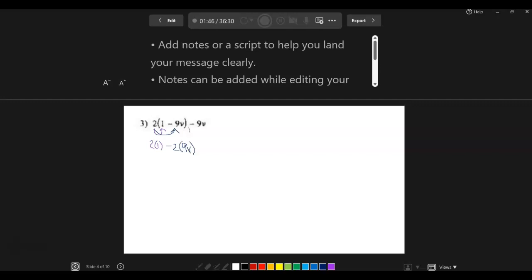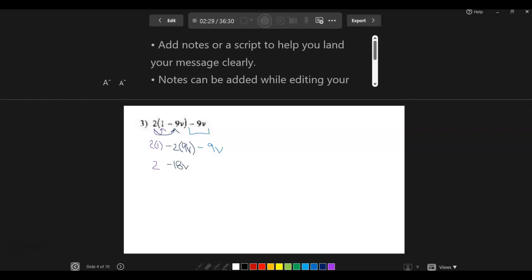And then we're going to bring down the minus 9v over here because that one is not included in the parentheses. Therefore, nothing is being distributed to it. Okay, so we'll do multiplication before we try to do anything with this minus 9v here. So 2 times 1 is 2. Negative 2 times positive 9v, or 2 times negative 9v, would give me negative 18v.